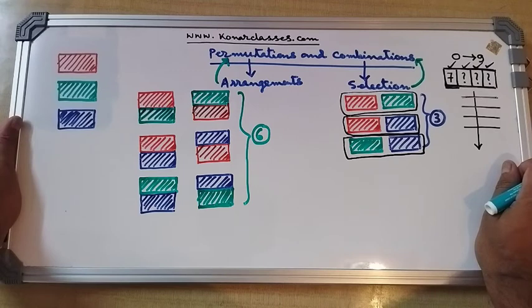But if you know the relevant formula for permutations, it will take just a few seconds to answer that question. So that is the purpose of learning permutations and combinations, and there are many such scenarios, and we will learn all this as time goes by.